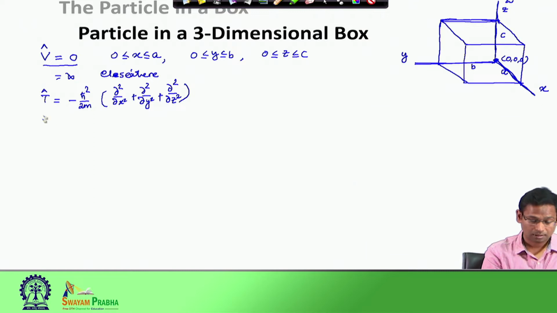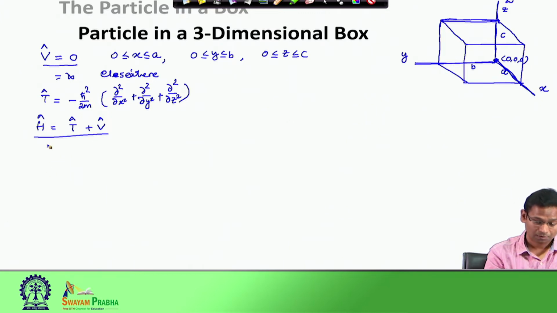Now, the Hamiltonian is of course the sum of the kinetic energy and potential energy operators, and when we solve this problem, we would write down the final Schrodinger equation H psi equals E psi.